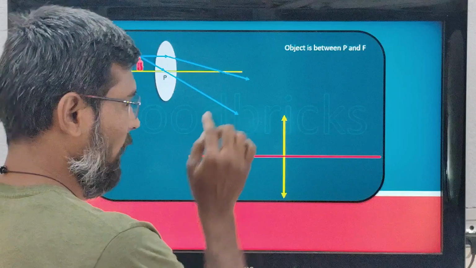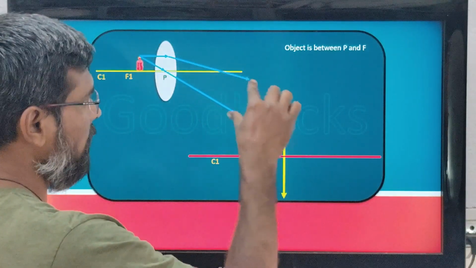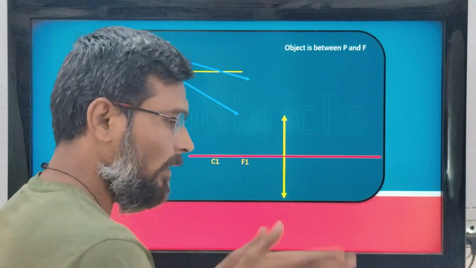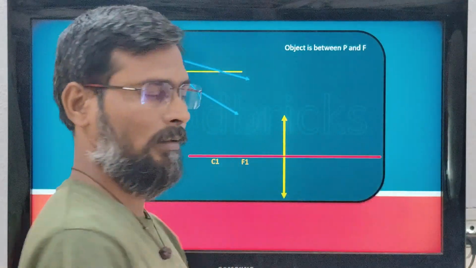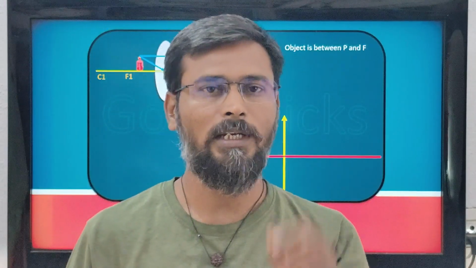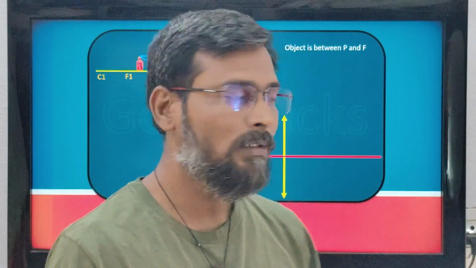Now these two refracted rays will help us find where the image will be formed. And if you observe these two refracted rays, their distance keeps increasing. And if you put a screen here, they will never converge. It means they will never form a real image. Then what happens?